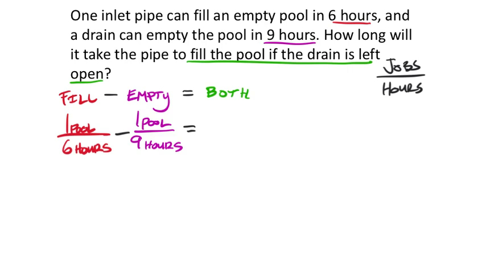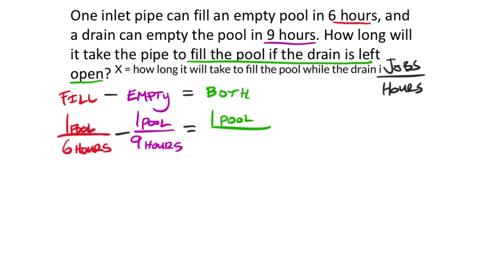So with both, you should empty a pool, but we just don't know how many hours that's going to take. So up here, I'm going to use X. You could use P maybe for pool, but I'm going to use X. That's how long it will take to fill the pool while the drain is open, okay? Which of course is not very efficient, but now I know X is hours.